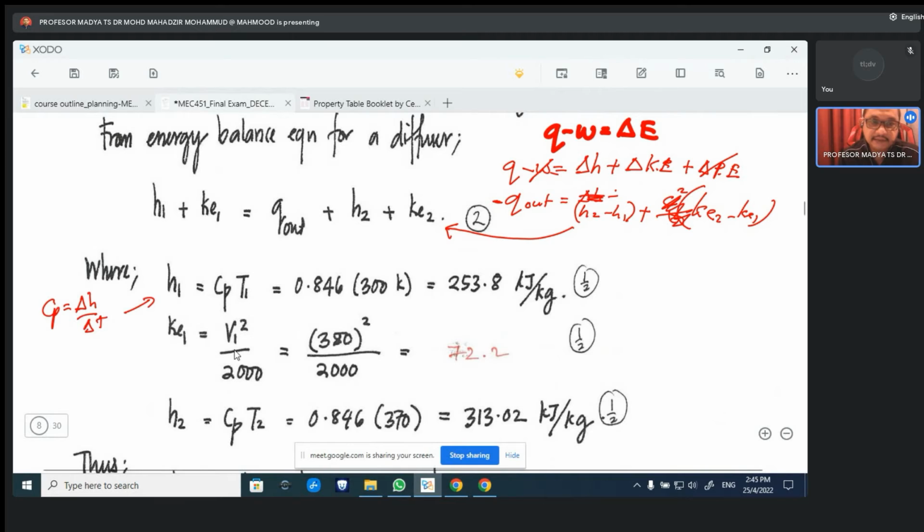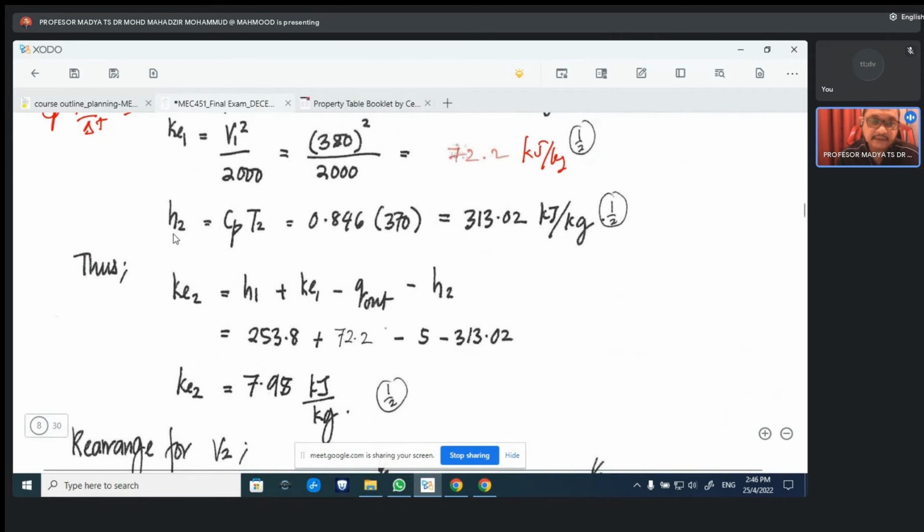KE1 is V1 squared over 2000. So we put 380 squared over 2000, and we get the kinetic energy in units of kilojoule per kg.